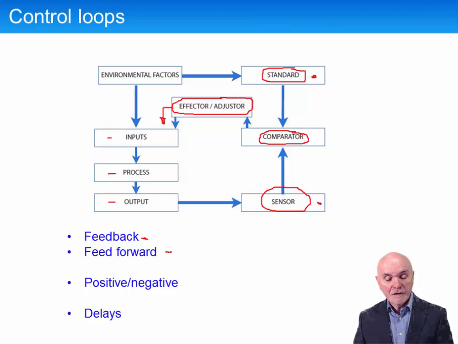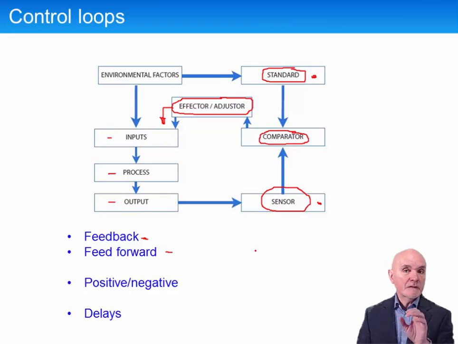Feed forward control is really where you spot something that's going to go wrong in the future and you prevent it happening. For example, you have a cash flow forecast set out on a spreadsheet. January, February and March sales are a little bit disappointing.